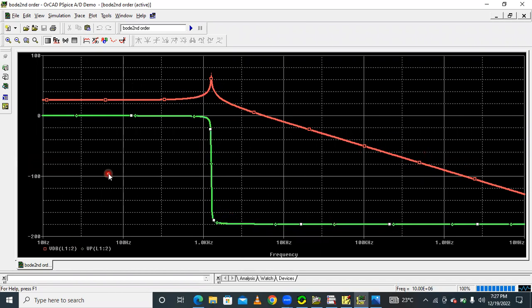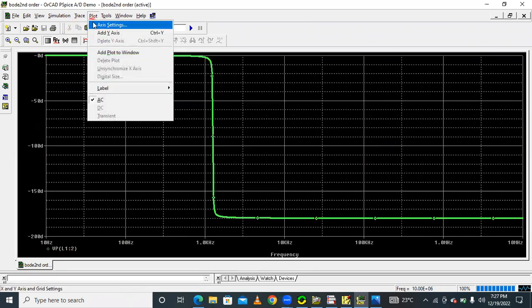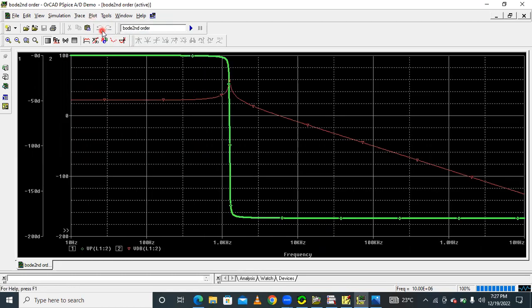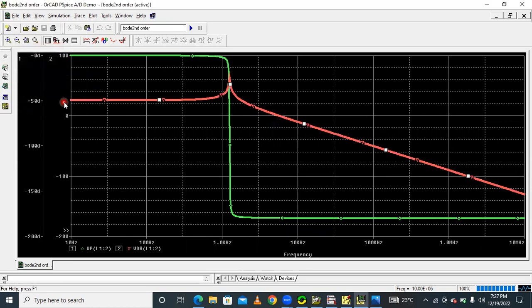To separate these two plots on the same x-axis, press Control X, go to Plots, add Y axis, then Control V. Like this, the two waveforms are separated on the same x-axis, and the y-axis is different for the phase plot and magnitude plot, but the x-axis, frequency, is the same.